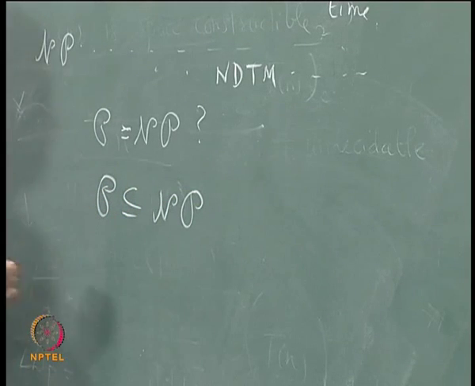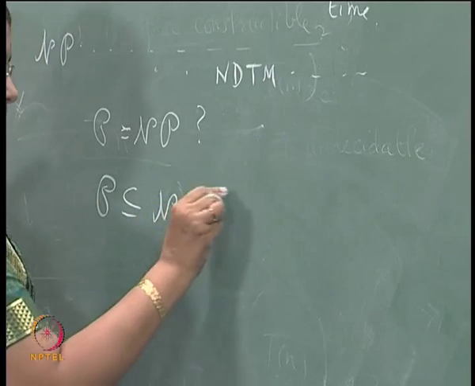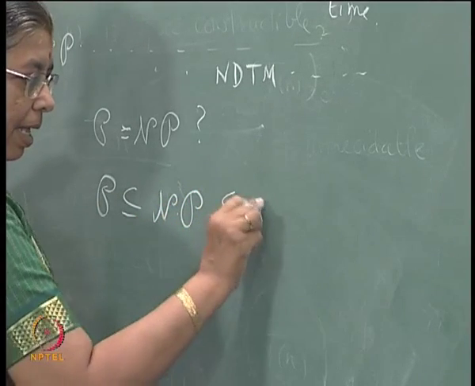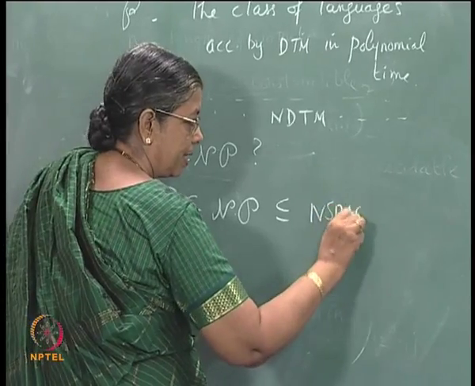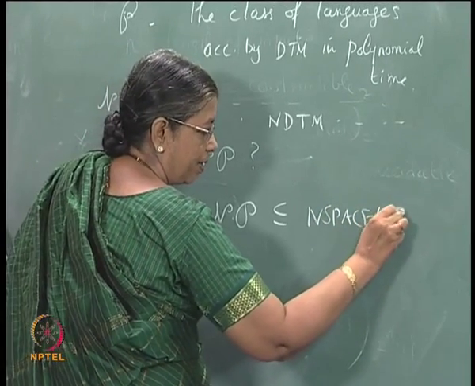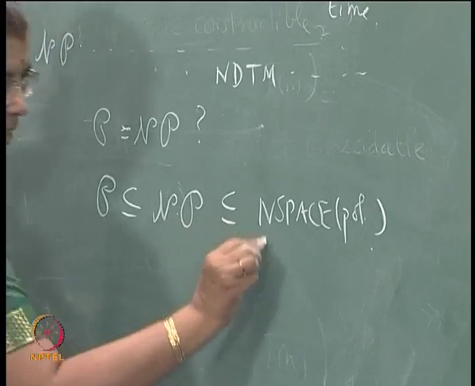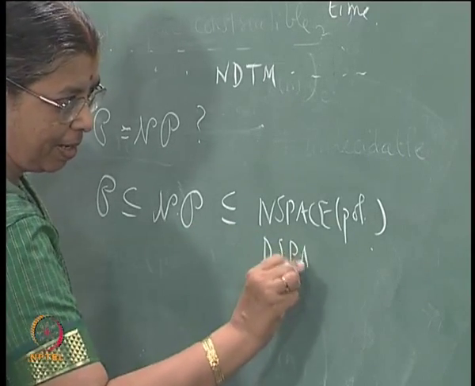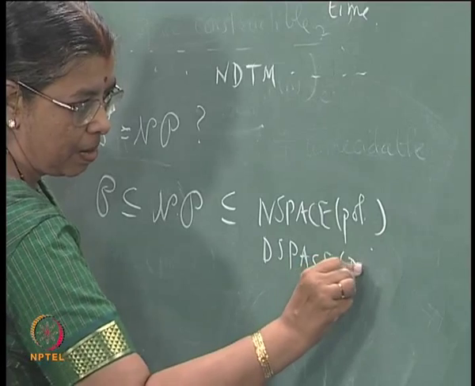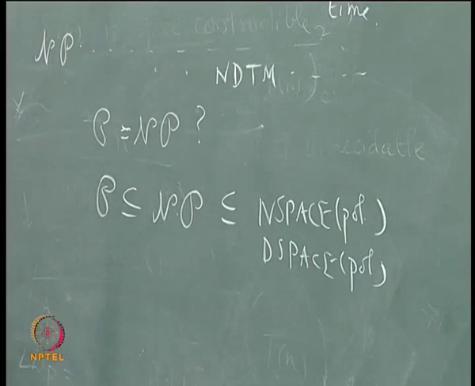Whether it is a proper inclusion or not, that is the question. Now, this will be contained in N space polynomial, is it not? This and D space polynomial are equal.